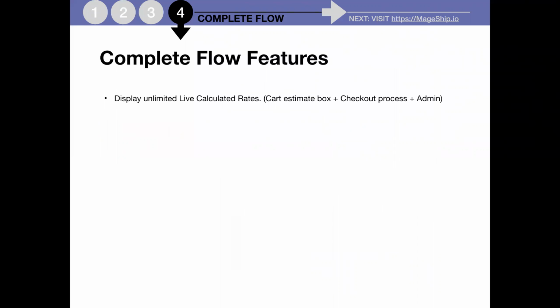I will quickly recap the complete flow of features that Magento will bring to your website. So number one, you will be able to display unlimited live calculated rates in the cart, checkout process, and admin section as well, where your Magento administrator is able to create an order and get the same live shipping rates as your customers can on the front end.